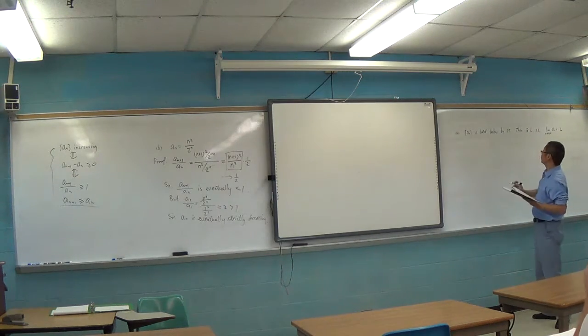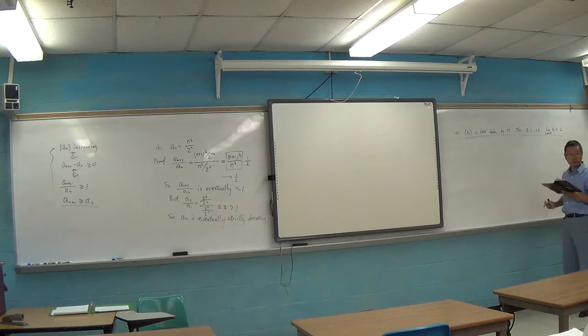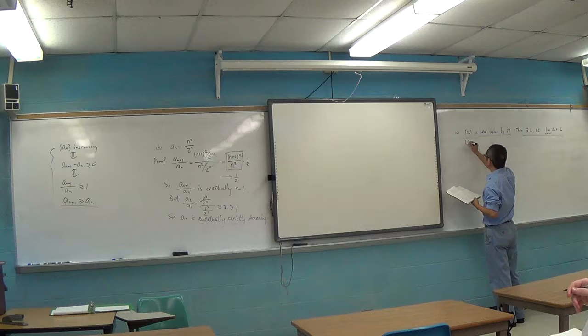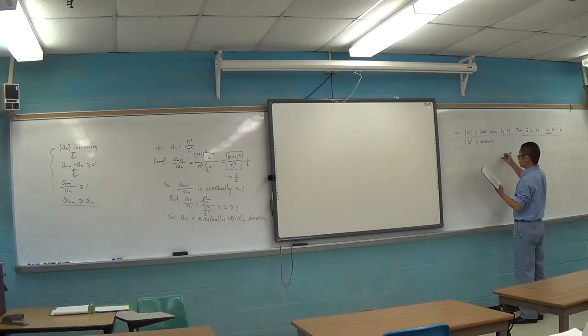Now, this is the condition we have. This is what we are going to prove. Right? But don't forget the original condition. Right? AN is an eventually decreasing sequence. Okay.